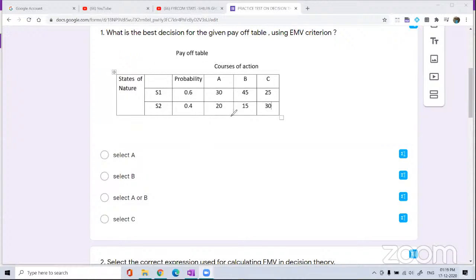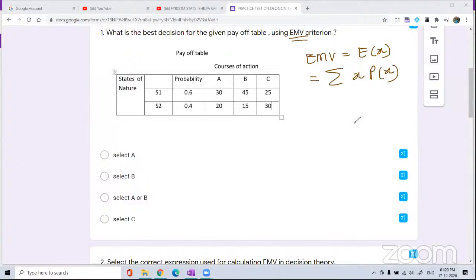Now what will you do on your paper? First of all, you have to work on your calculator. The moment you see the word EMV, the formula for EMV is E of x, which is summation x into P of x, correct?